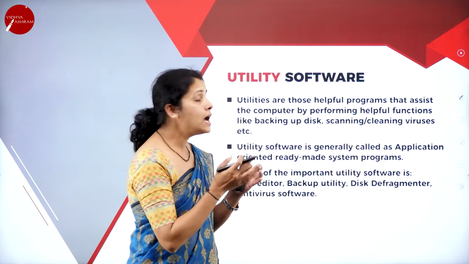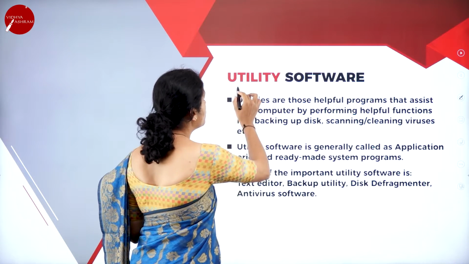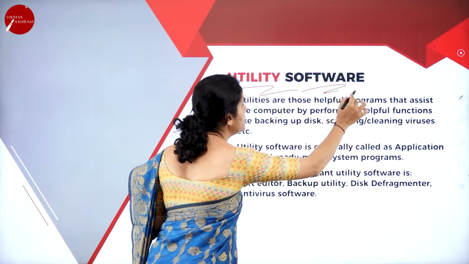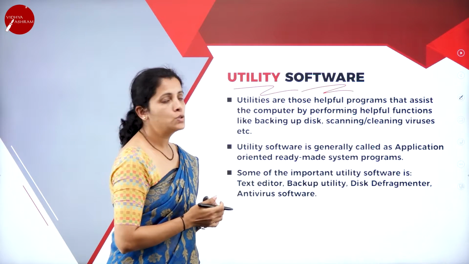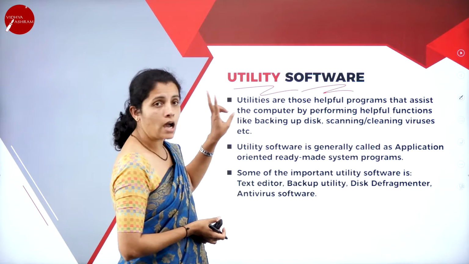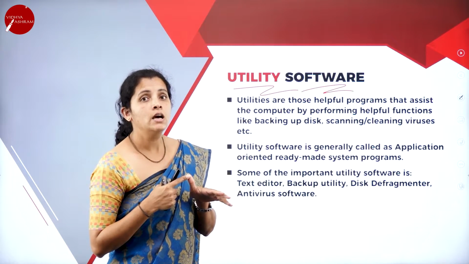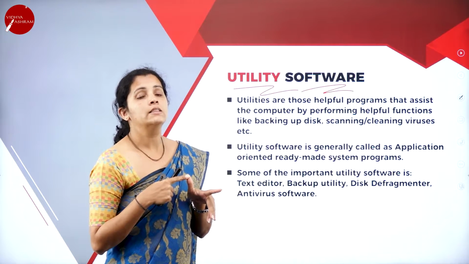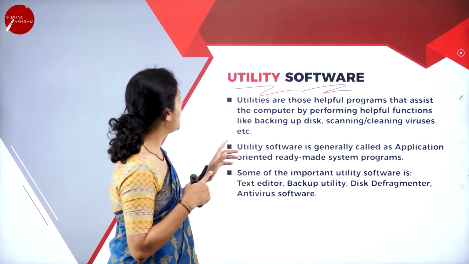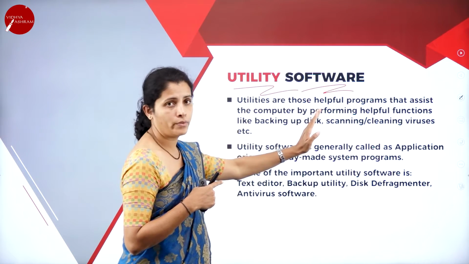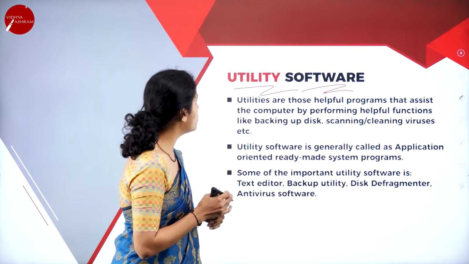And the last type of system software is utility software. So the system software is categorized into three types: one is language translator, then operating system, and utility software. Now, what is utility software?